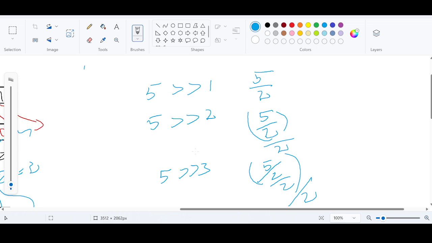You see the pattern. The actual number that you are giving is divided by 2 to the power of the shifting number, the number of shifts you want to do.